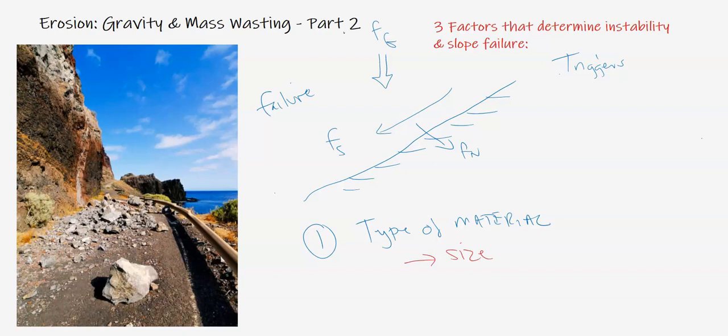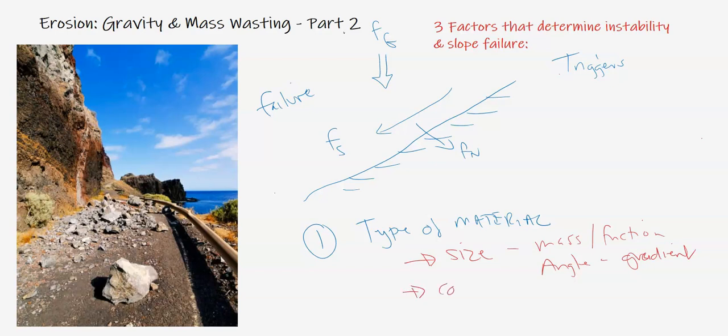So the size will basically dictate based on the mass and also the friction. Okay, and this will again look at the angle or the gradient, which will also come into play with the size of material.